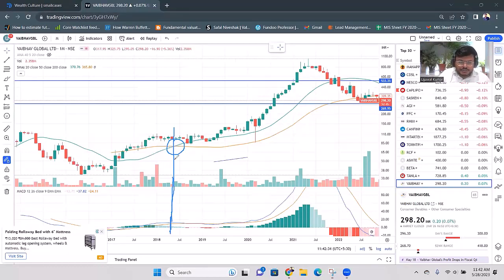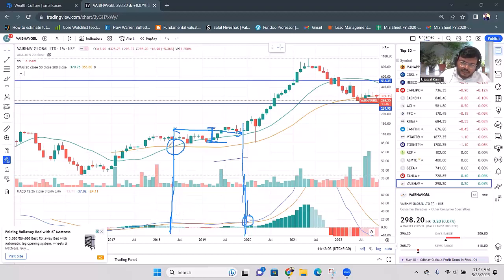But the MACD crossover is not clear until this point of time, right? And as you can see, the stock did not show a significant movement during this period. So during this period, the stock was more or less in this range only.